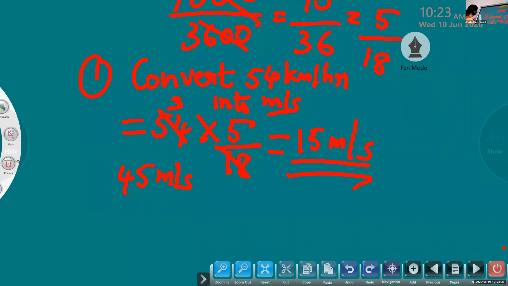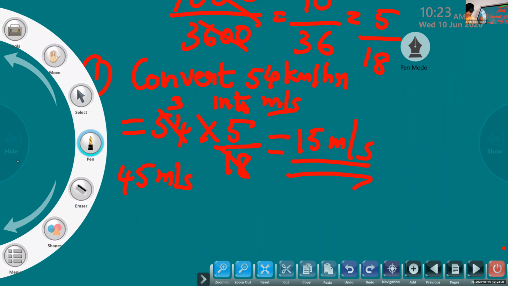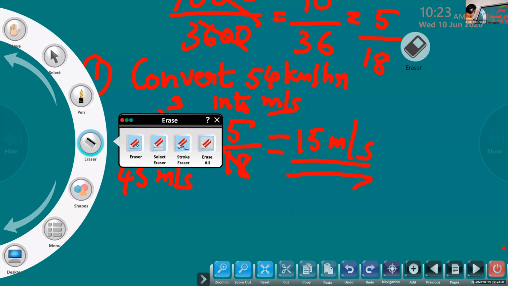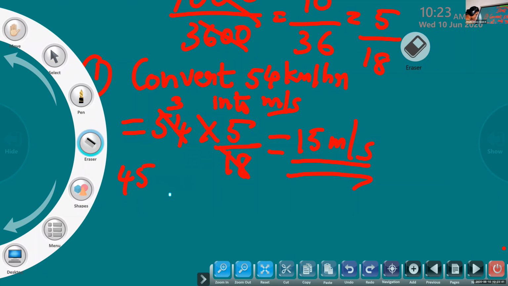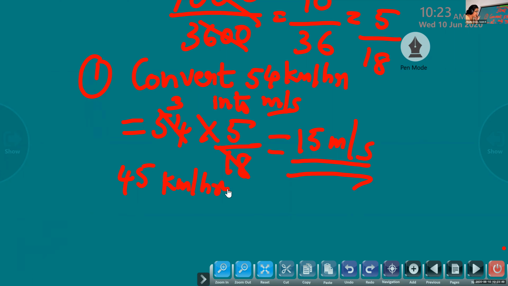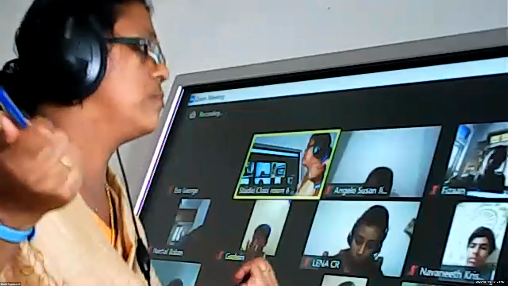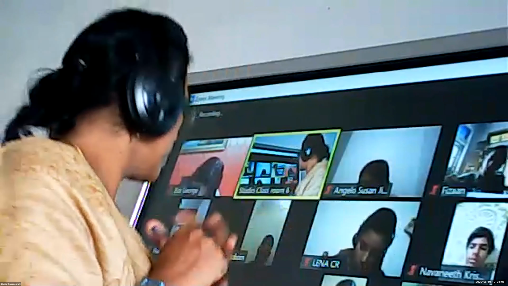We are learning kilometer per hour first only. Convert 45 kilometer per hour into meter per second. Do it and give me the answer, children. 45 into 5 by 18. Eighteen is divisible by 3, so you will get the answer.